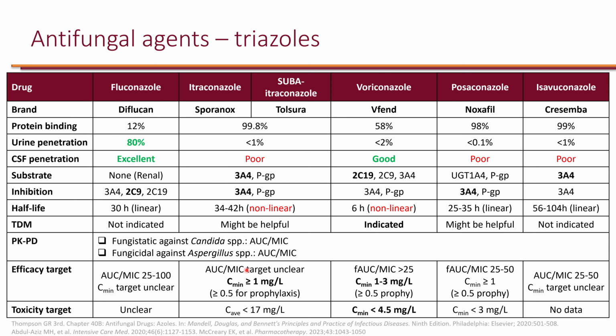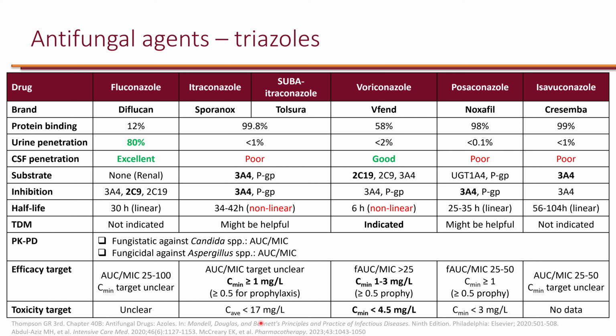Although the AUC to MIC target has not really been established for itraconazole, when it comes to TDM, it is recommended to have a trough of 0.5 for prophylaxis, and for treatment a trough of at least 1. For the most part, when people do therapeutic drug monitoring for itraconazole, it's a matter of whether we have enough concentration. For a lot of patients, we actually have subtherapeutic concentration, so it's a matter of whether we need to increase the dose.